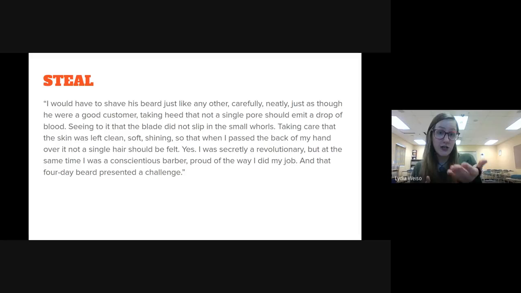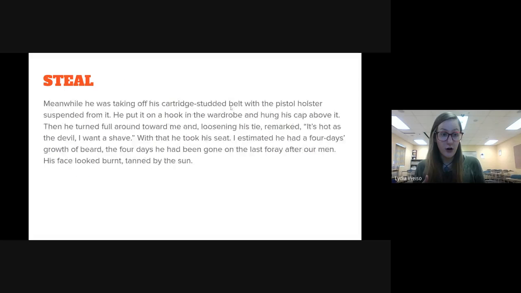Your interpretation can be different from my interpretation because there's not really a complete picture here. The author never comes out and says, this is why the barber is so careful. This is their motivation. And because the author doesn't do that, it's up to us, the reader, to determine that for ourselves.